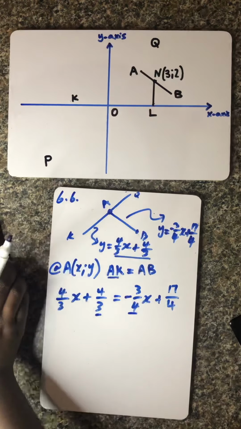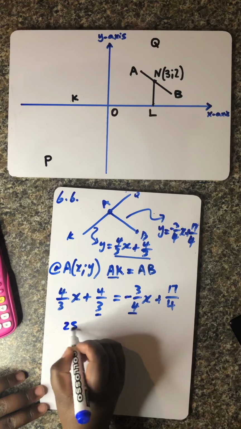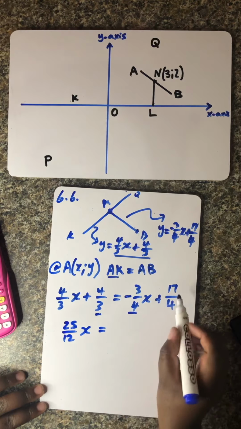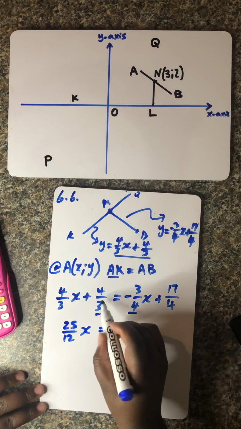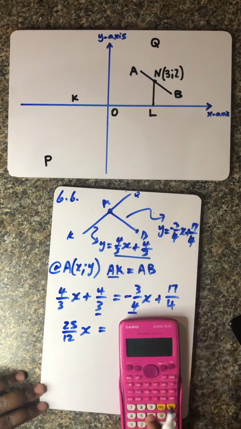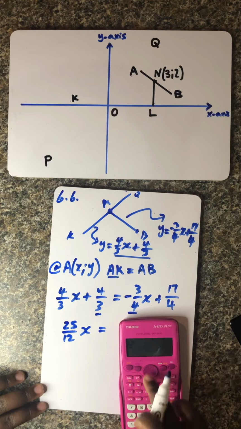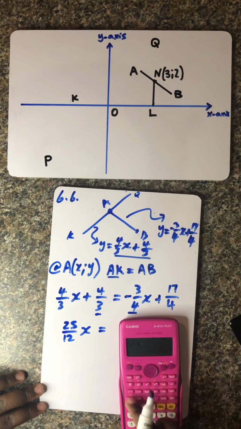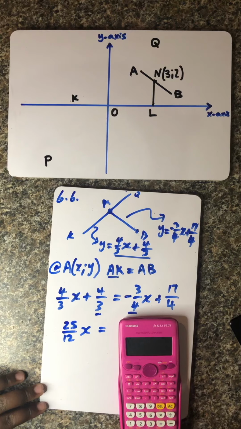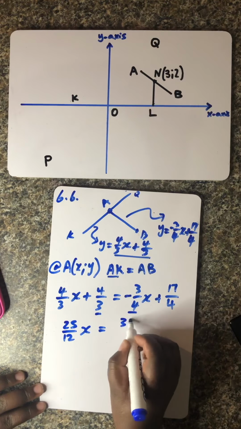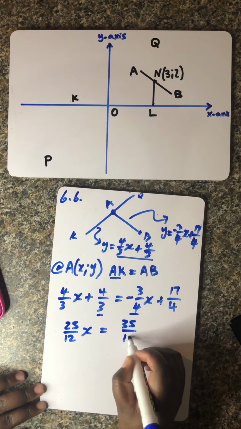So that means I've got 25 over 12x, which equals 17 over 4 minus 4 over 3, which is 35 over 12.